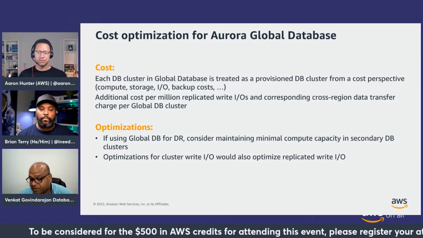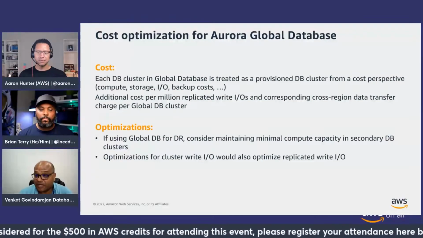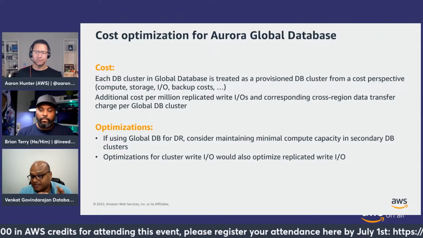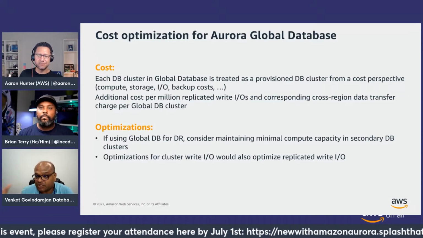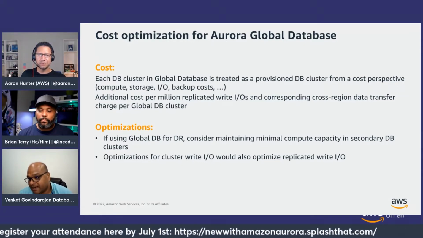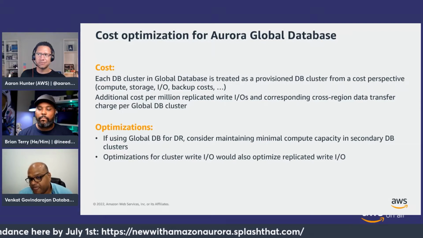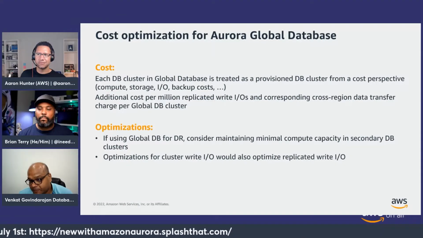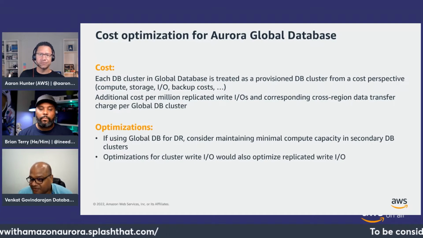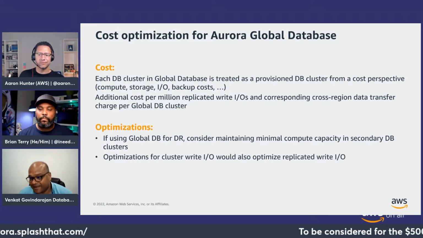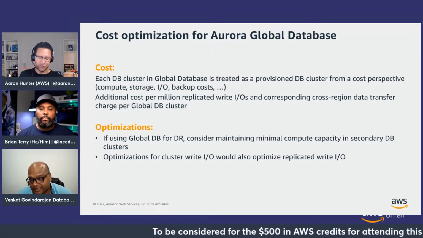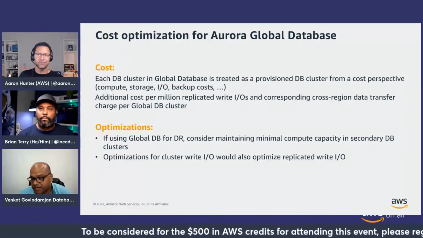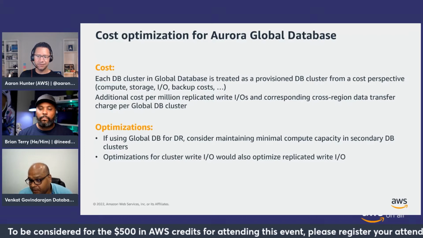We have the storage, because you're copying it from your primary location to your other location. A separate storage gets allocated for that cluster in the other region, and you get charged for the storage once. You get charged for IOs because you're still writing it there. If you're making backups from that secondary region, you get charged for the backup as well, with the condition that the first 100% is free.